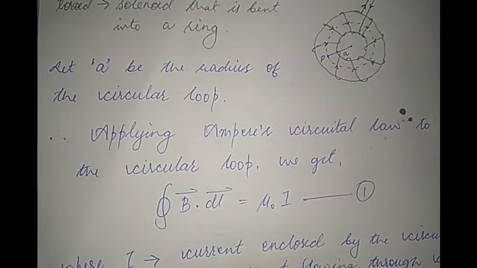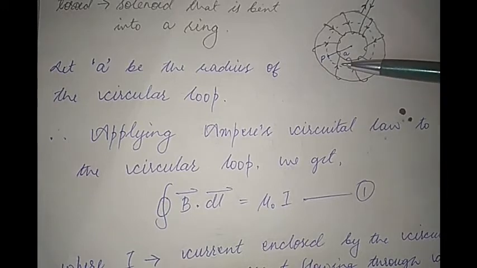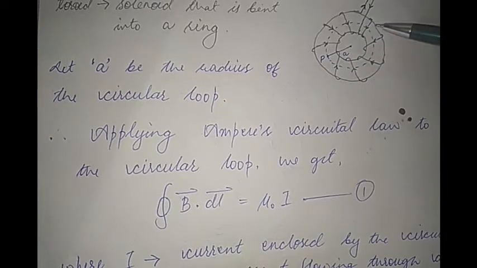Therefore, applying Ampere's circuital law to this circular loop, we get integration B dot dl is mu naught I, where I, of course, is the current enclosed by this circular loop. As you can see, the current enclosed by the circular loop is the current flowing through all of these turns.